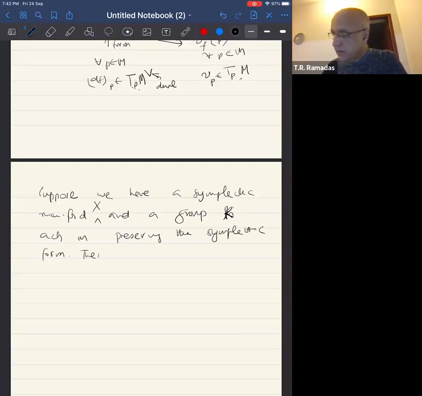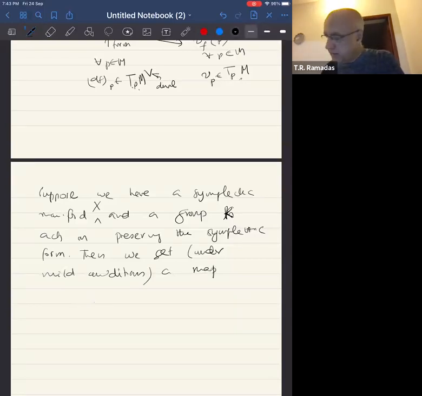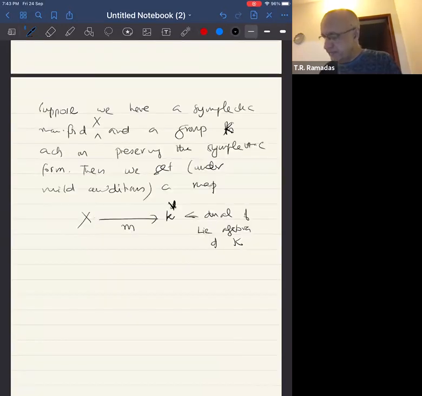Then we get, under mild conditions, a map M from X to the dual of the Lie algebra of K, which uses the symplectic structure in a way that I will describe.